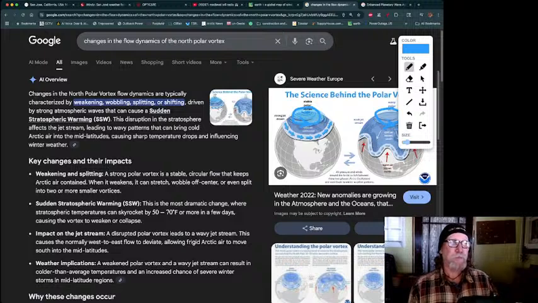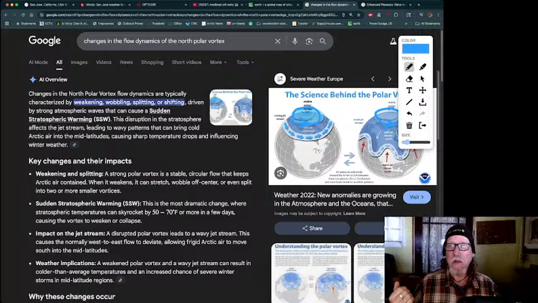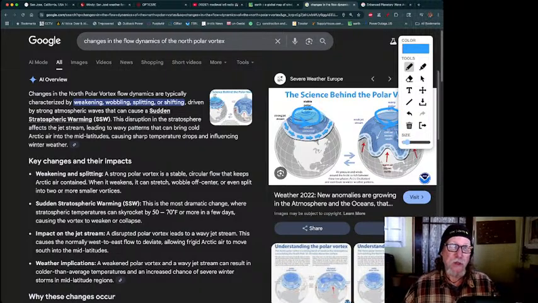So this is happening to the jet stream now. The jet stream is evidencing fluid dynamics. It is a fluid, and the atmosphere is a fluid. Therefore, it has the properties that come from fluid dynamics. We can study it.